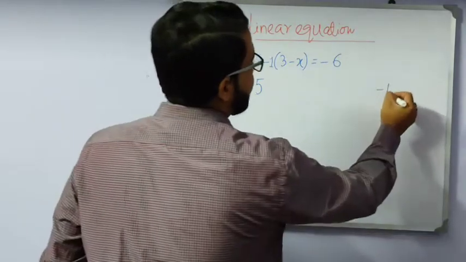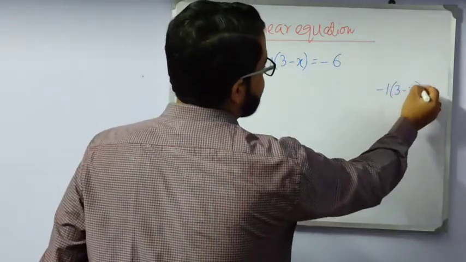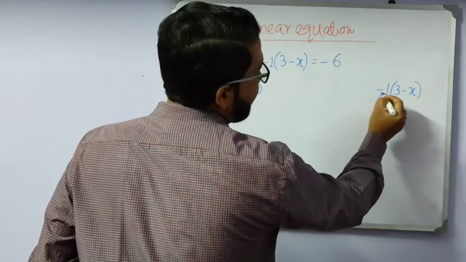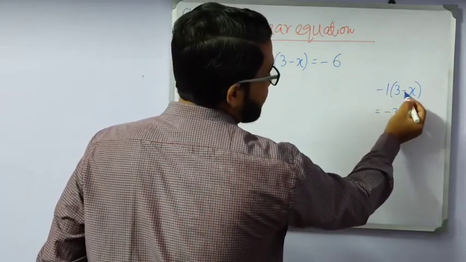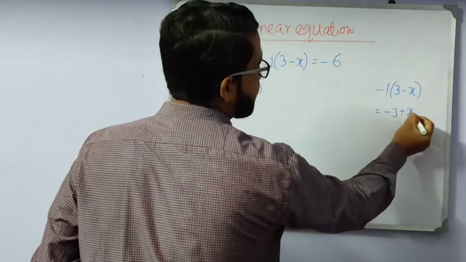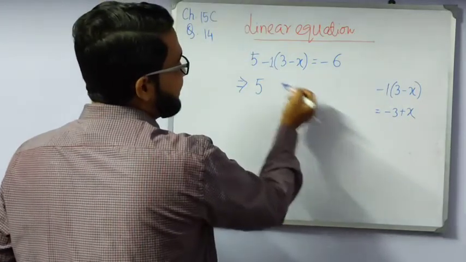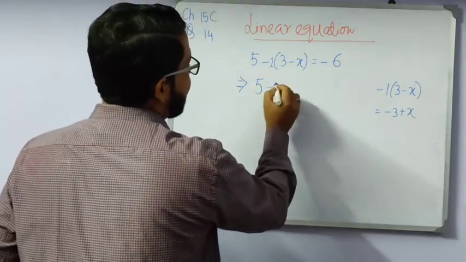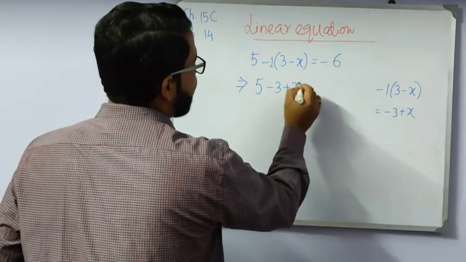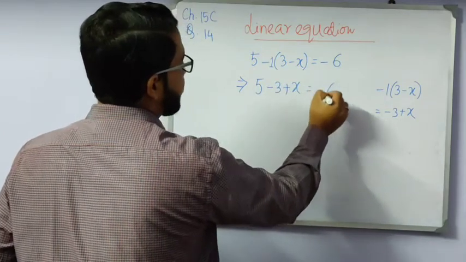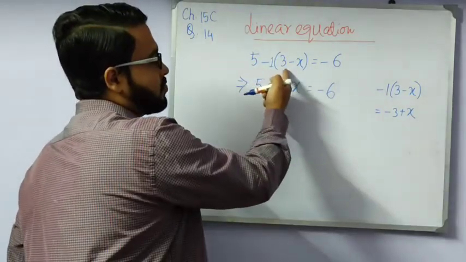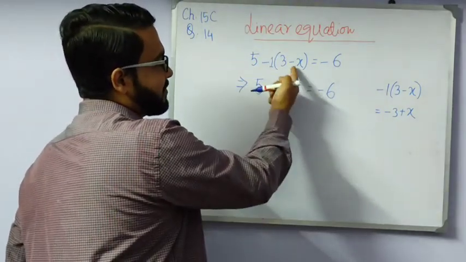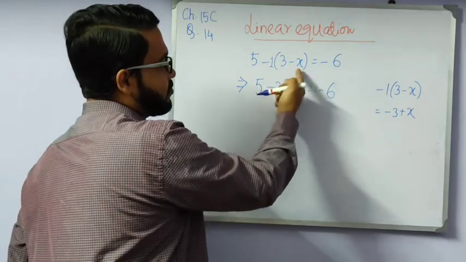Minus 1 into 3 means minus 3, minus minus plus x. So we can write here minus 3 plus x.